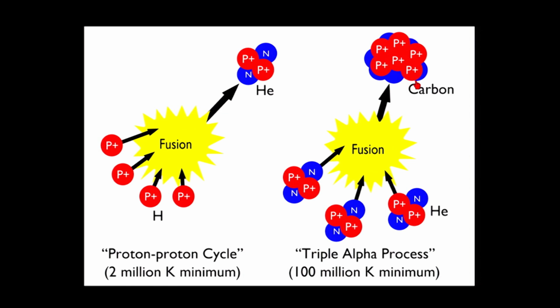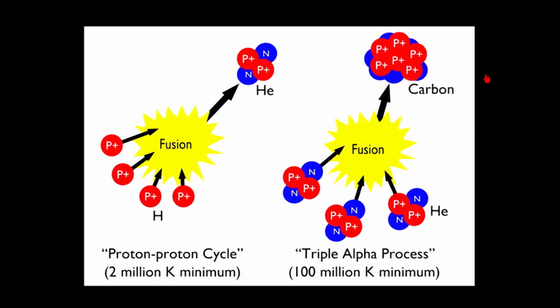Carbon can fuse into another element on the periodic table. The problem is carbon has 6 protons, each positively charged, and so it is also a very heavy nucleus. So the minimum temperature for carbon to fuse with other carbon nuclei is 600 million kelvins, 6 times hotter than what is necessary for helium to fuse.